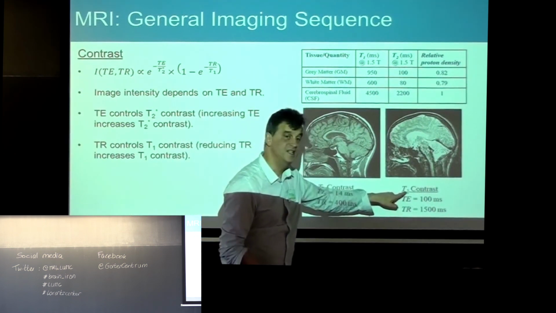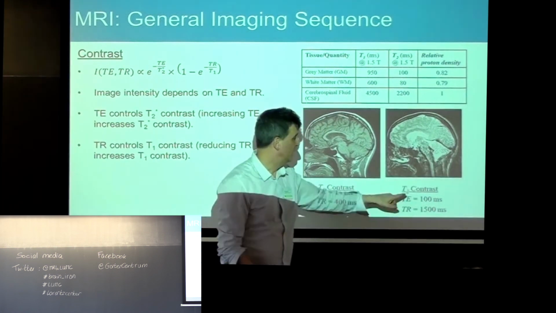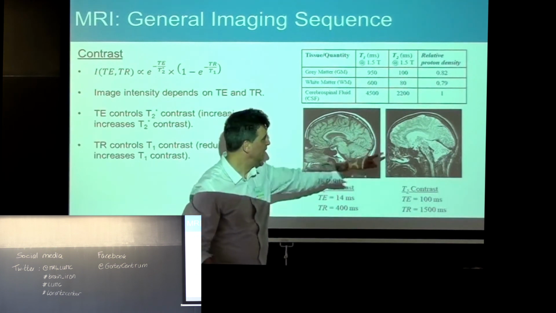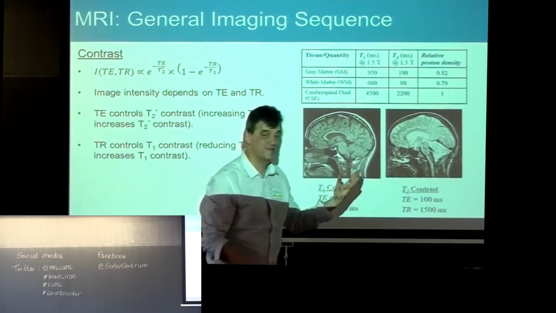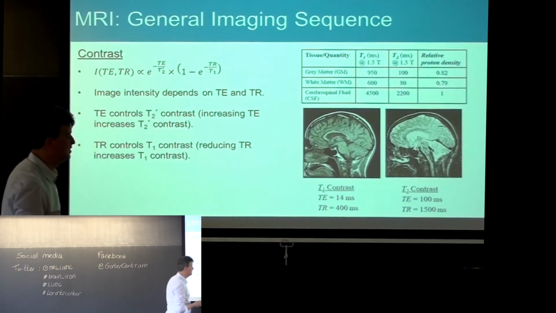Whereas over here we get T2 contrast by making TR quite long and making the echo time quite long as well. So the signal's decayed away, and now the signal from the CSF is very strong because that decays very slowly in the sort of water-like tissue.